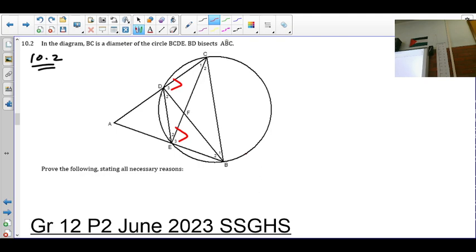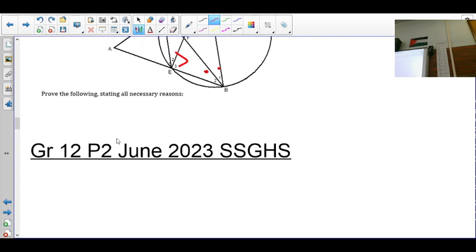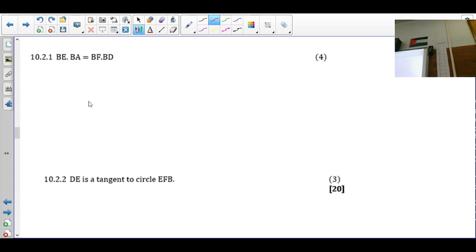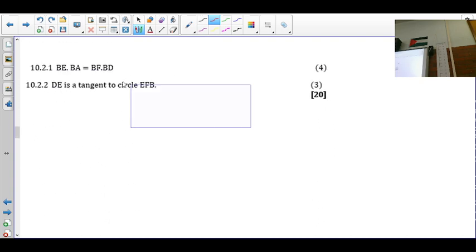BD by 6A BC, which means to say that angle is equal to that angle. Prove the following, stating all necessary reasons. That's 2 questions there.